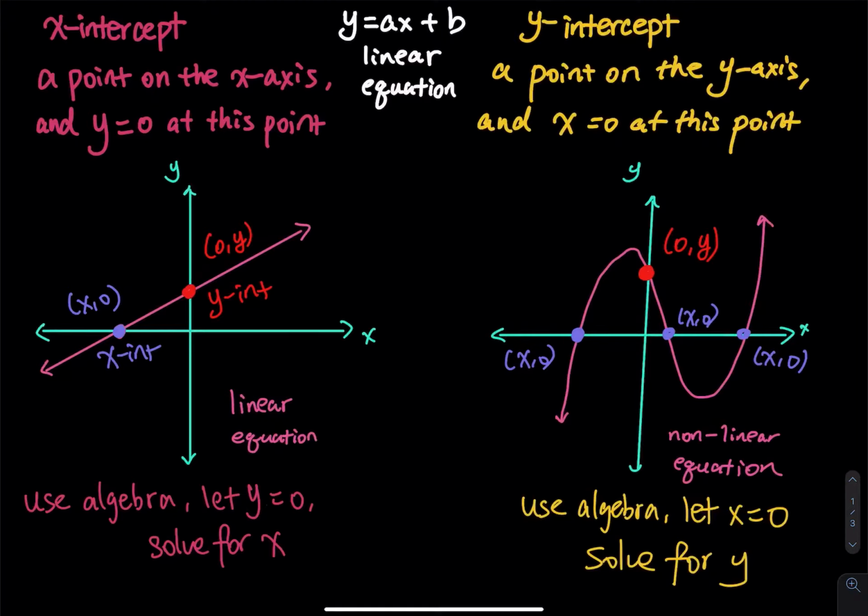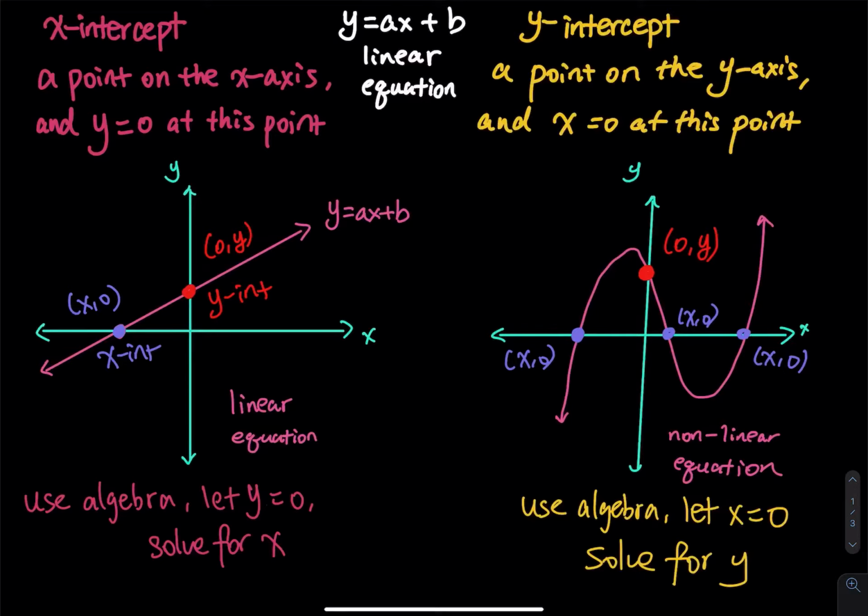So we have two graphs. One is a linear equation, one is a non-linear equation. Let's start on the left. We have a straight line. That straight line stands for y equals ax plus b. So y equals ax plus b is another way to write a linear equation. Do you see that there are 2 points, one on the x-axis and one on the y-axis?